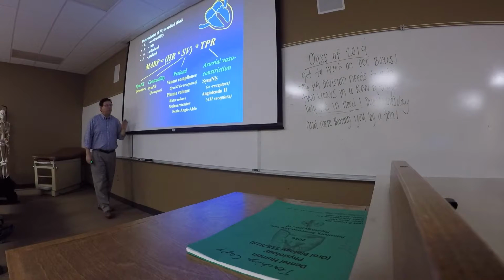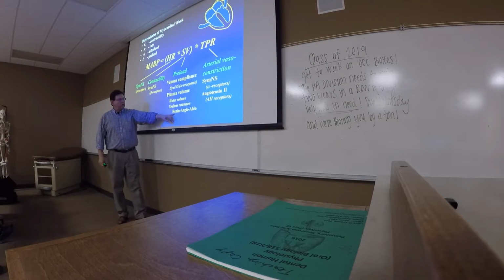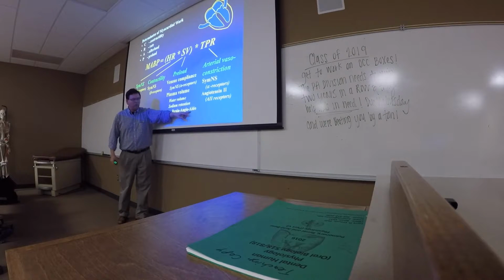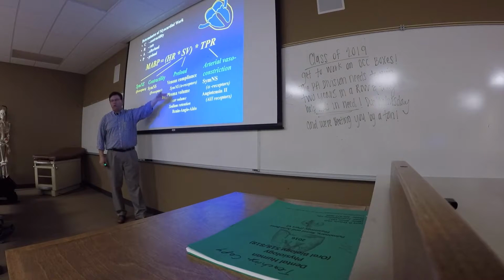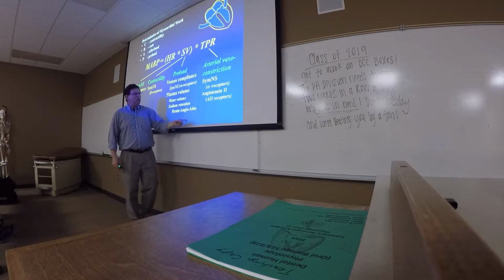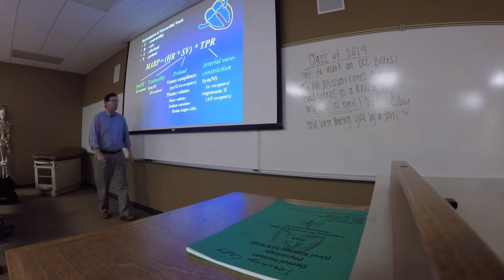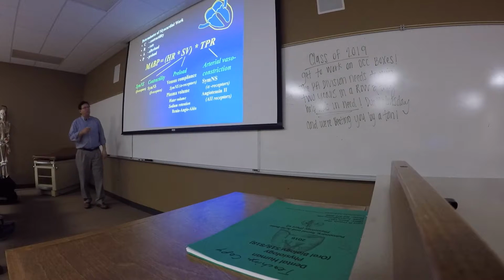If you give a beta blocker, you decrease the release of renin, so you're going to decrease the production of angiotensin II and aldosterone. That will decrease preload. And angiotensin II is a very powerful vasoconstrictor, so giving diuretics and beta blockers, you are actually driving all of these down.